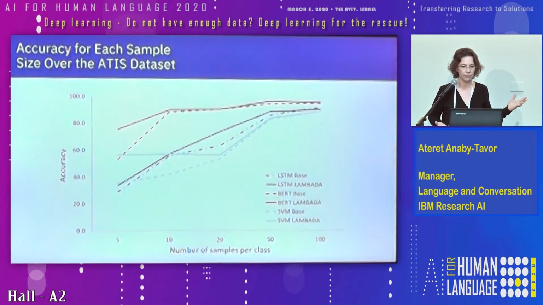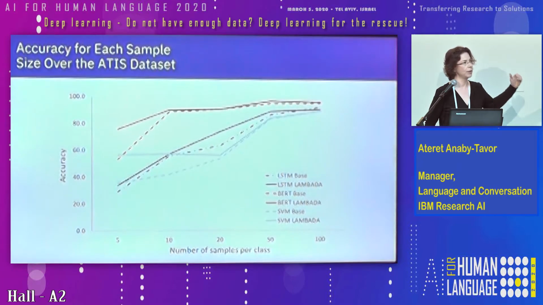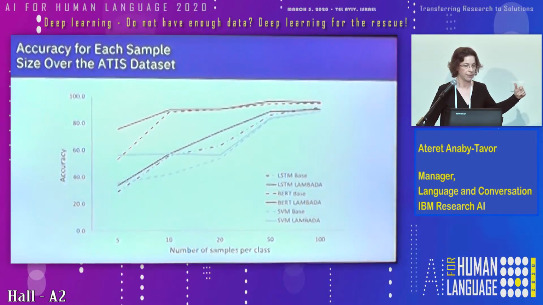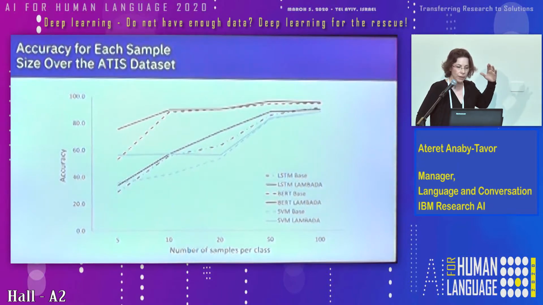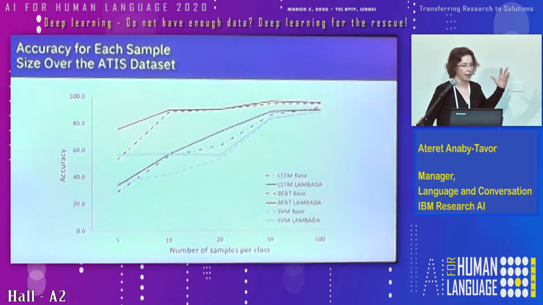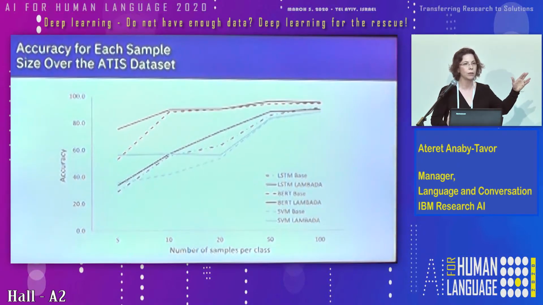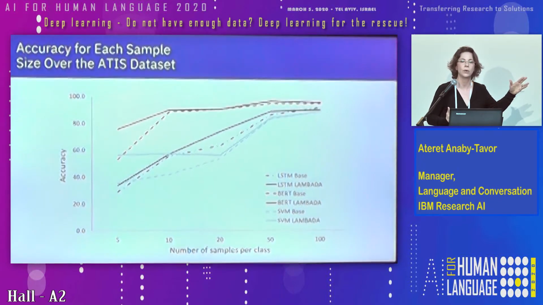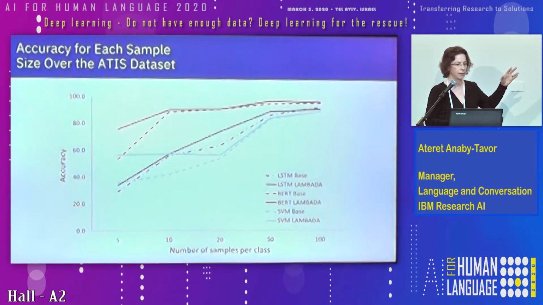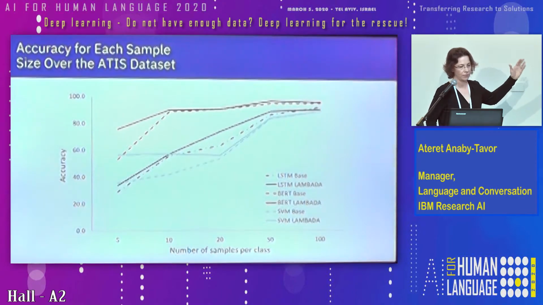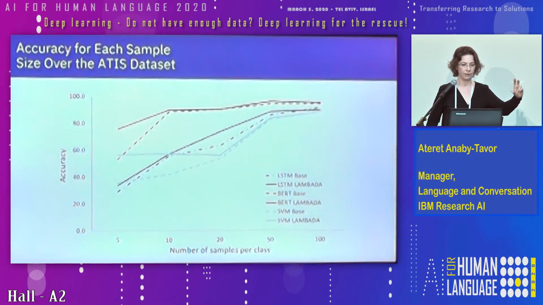You can see the three classifiers here. Lambda is designated with a solid line. The base classifier is designated with a dashed line. And we clearly see that Lambda was able to statistically significantly improve the classifiers, where the starting point of these classifiers was a small data set. Look at 5 samples per class, 10 samples per class, a very nice improvement for all the classification methods.